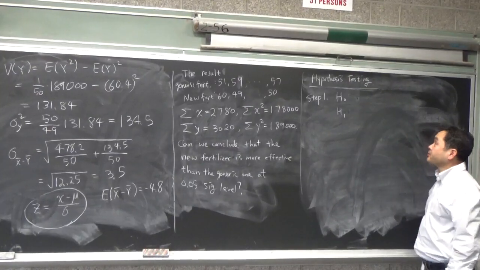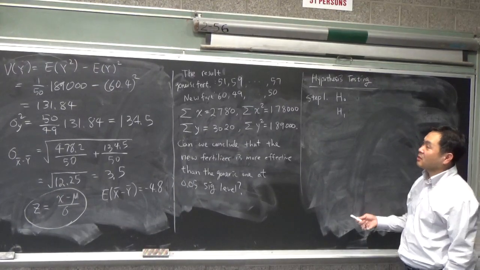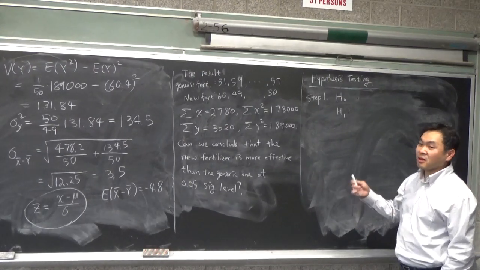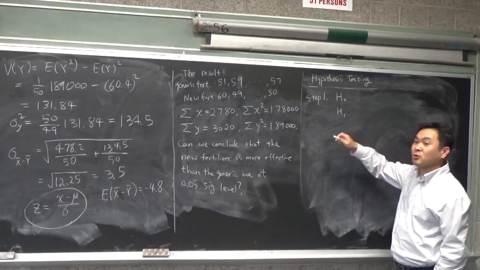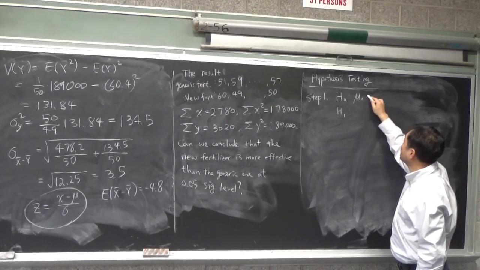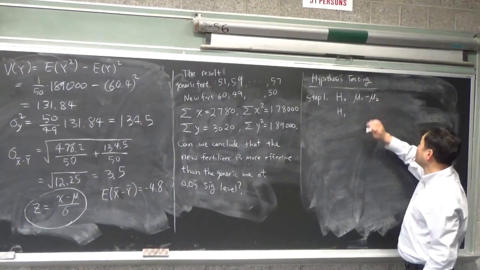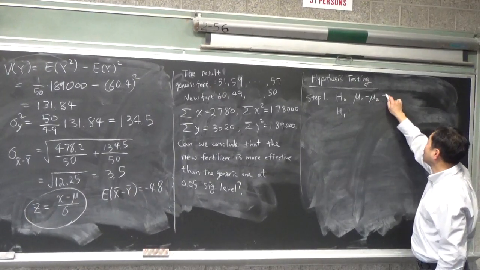For hypothesis testing of mean, it's the mu value equals something. In our case, we're saying that mu1 minus mu2 has to be equal to something.